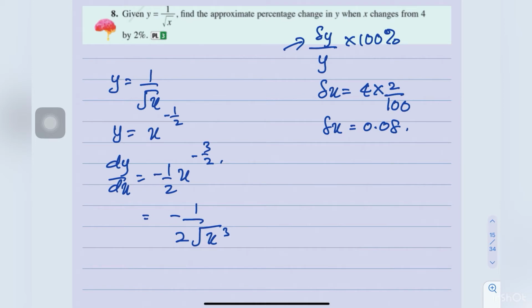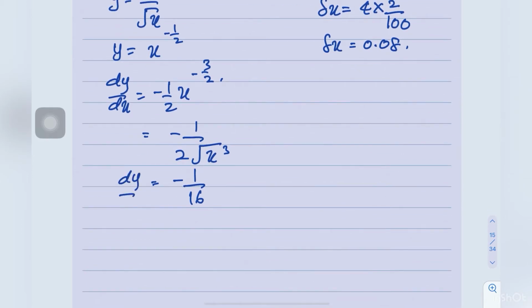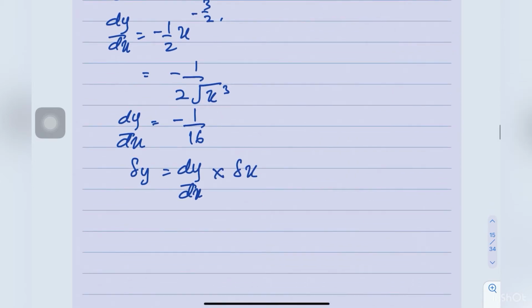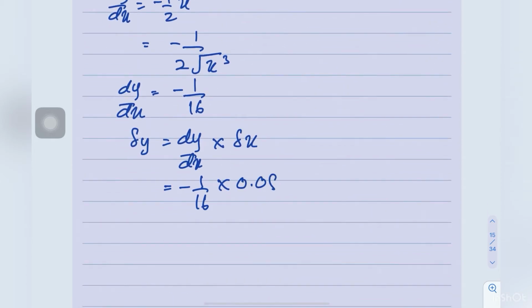Then we substitute x equals 4. The square root of 4 is 2, 2 cubed is 8, 8 times 2 is 16, so dy/dx is negative 1 over 16. So delta y is dy/dx times delta x, which is negative 1 over 16 times 0.08. Therefore delta y is negative 1 over 200.